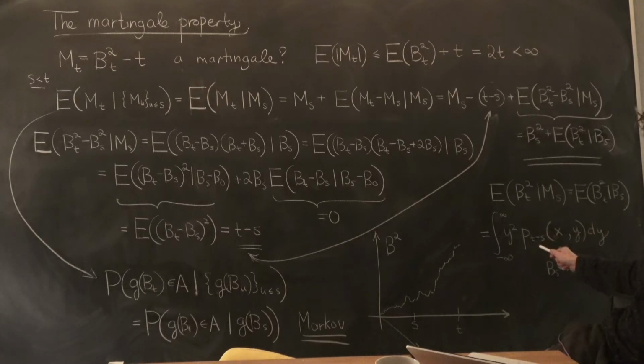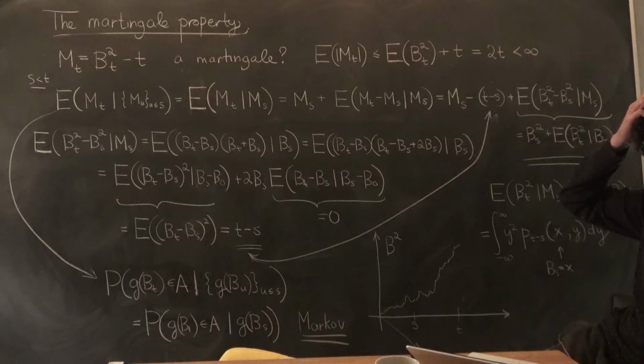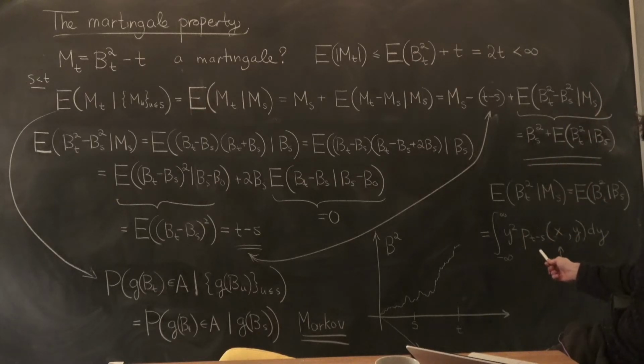In this case, sigma is 1, but the elapsed interval is t minus s, so we have a normal density with variance t minus s, and it's centered at wherever BS was. So if we're transitioning from BS to BT, I've just denoted here, as a shorthand, the location of the Brownian motion at time s as x.